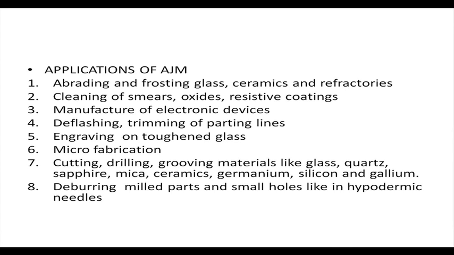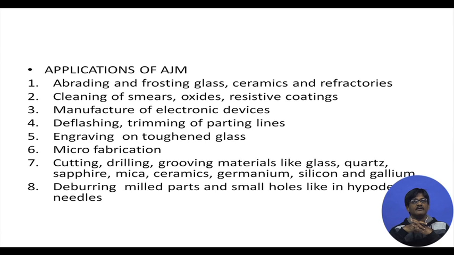Whenever there is injection molding or casting, the flash of material which comes out can be removed by AJM, and parting lines can also be trimmed from castings and injection molded material, and engraving can be done on toughened glass.